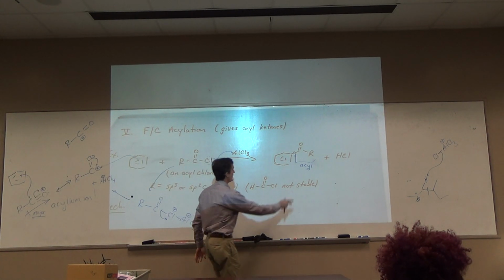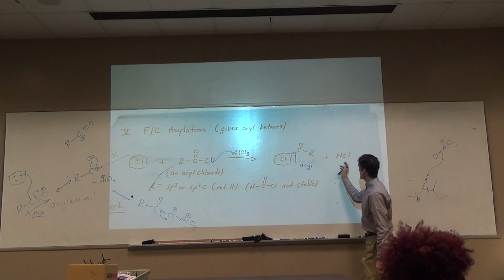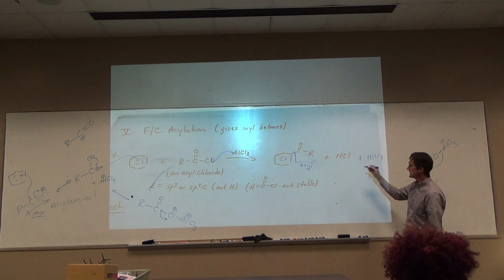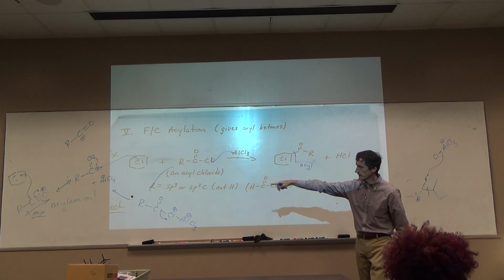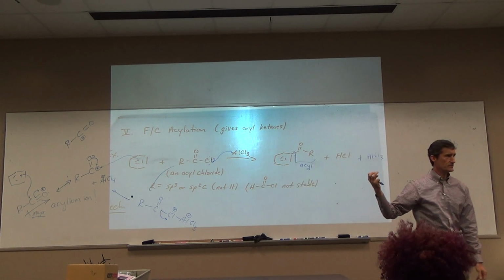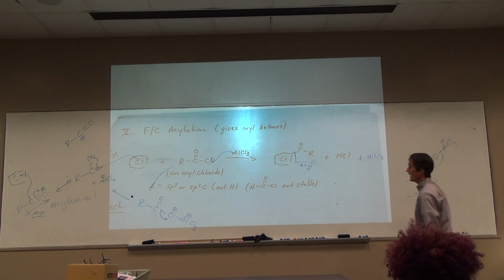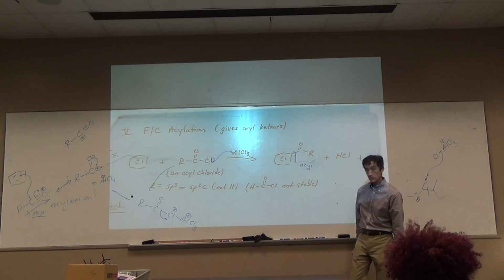And then you lose the proton. Something takes the proton, you get HCl, and then plus the catalyst reforms, right? It's the same old thing. Once we form our electrophile, you know the EAS mechanism. And we actually get a carbonyl bound to the ring.